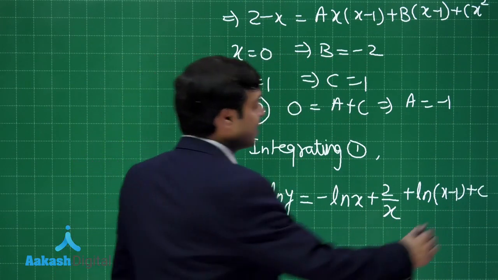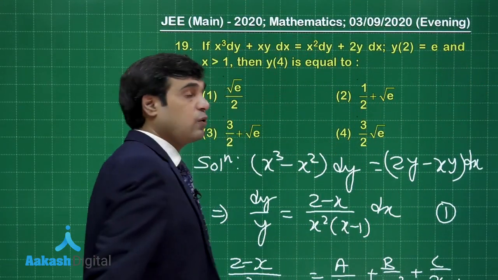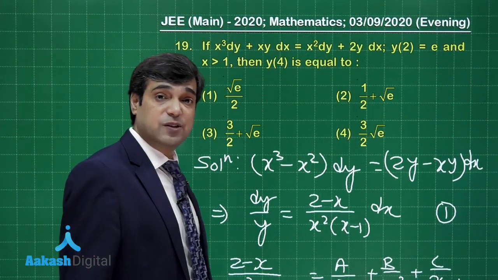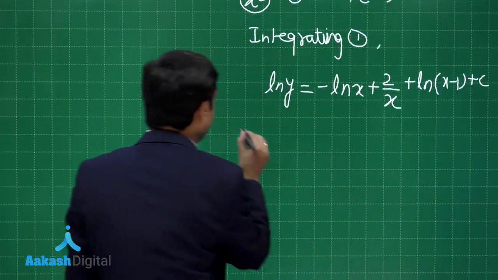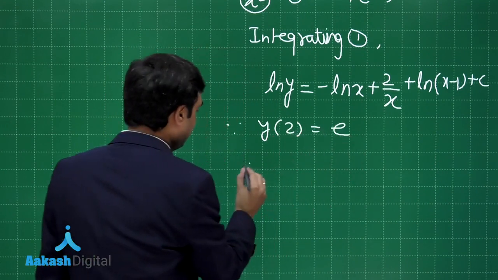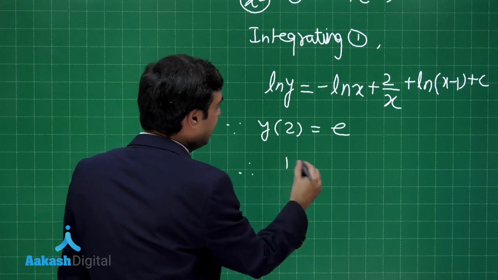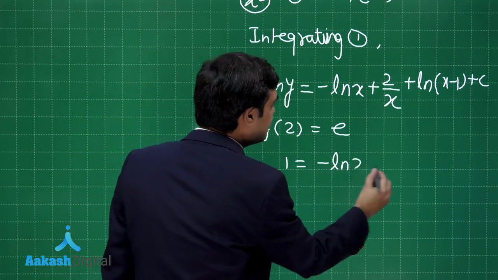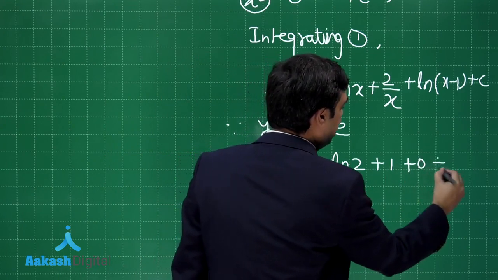Now what is given as the condition to me? It is given that y2 is equal to e. When you put x is equal to 2, y is e. Let's check out. Since y2 is e, therefore on substituting here y as e, we have 1 is equal to minus log 2 plus 1 plus 0 plus c.